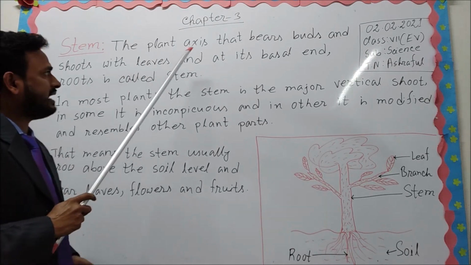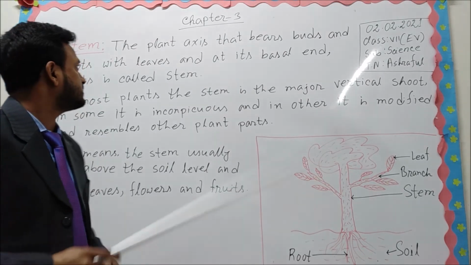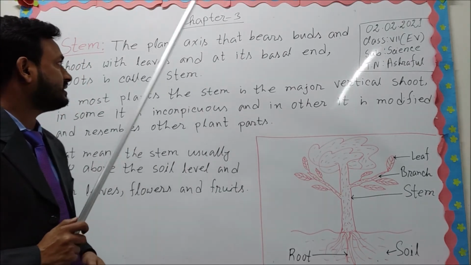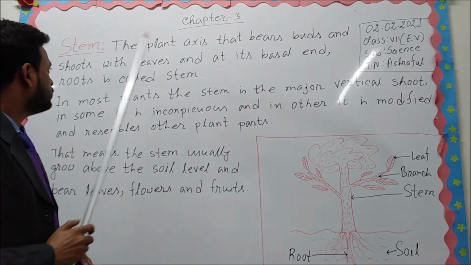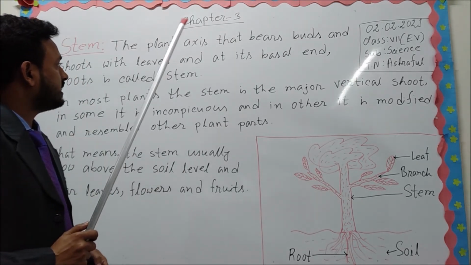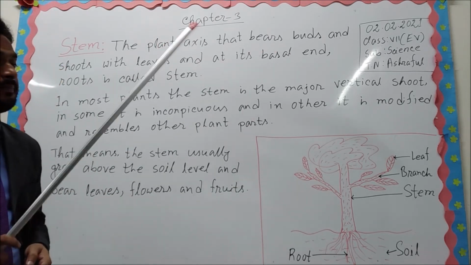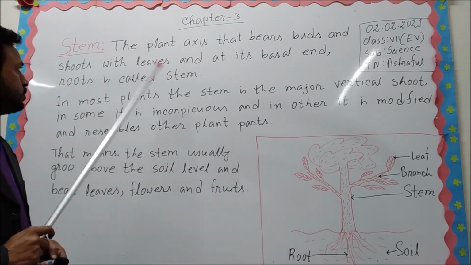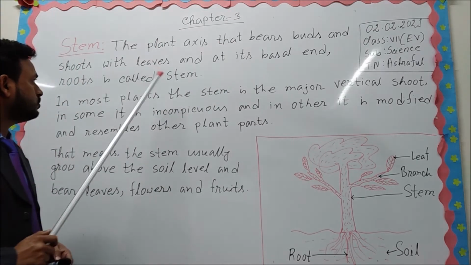Stem is the plant axis that bears buds and shoots with leaves, and at its basal end, roots. That is called stem.